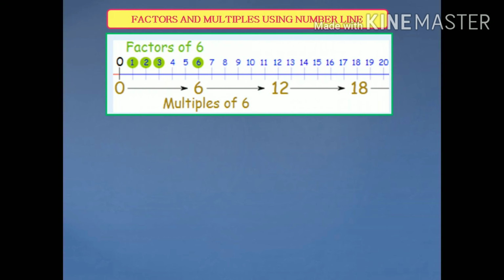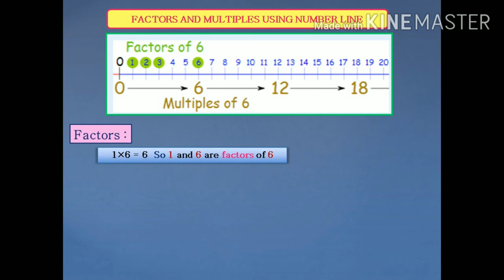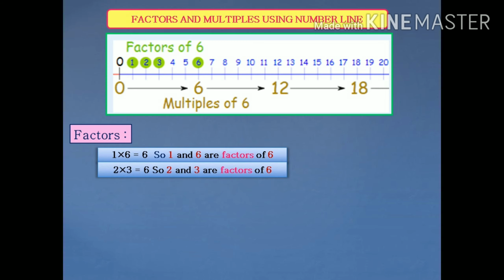Let's have a look at factors and multiples using a number line. Here is a number line which shows the factors and the multiples of number 6. Factors. 1 into 6 is equal to 6. So 1 and 6 are factors of 6. 2 into 3 is equal to 6. So 2 and 3 are factors of 6.